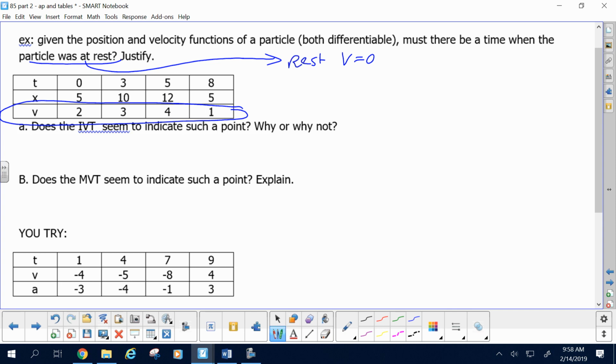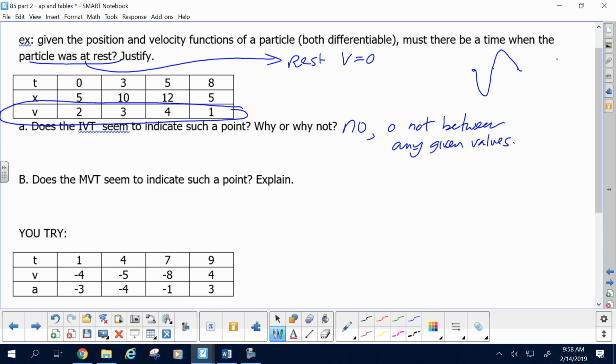So when I ask, does the IVT indicate such a point, the answer is no. Zero's not between any given values. Now, never read too much into a table. Just because they're all positive doesn't mean it couldn't have gone through zero sometime. As far as what the table shows, it doesn't show that it's zero.